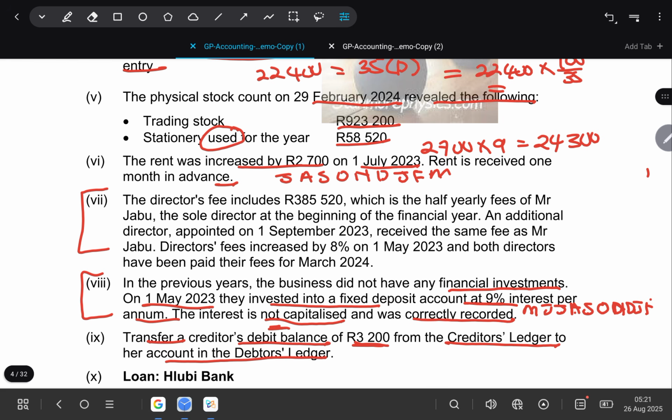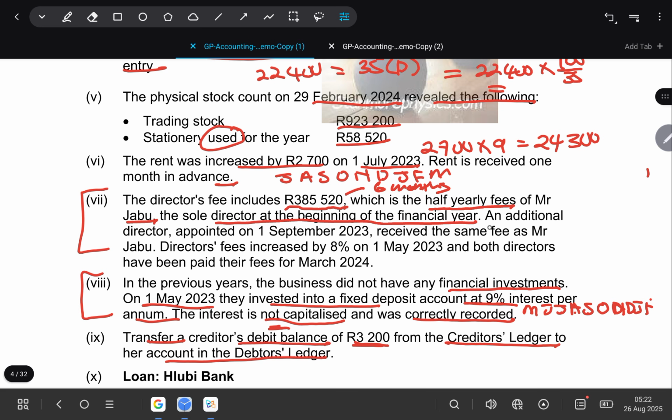Now here they're saying that the director's fees include 385,520, which is the half yearly fees of Mr. Jabu, the sole director at the beginning of the financial year. Remember, these fees are for 6 months. Very important for us to note.